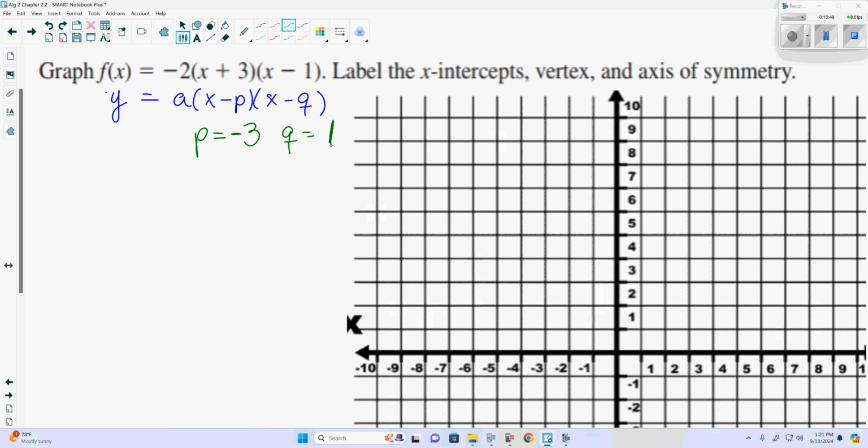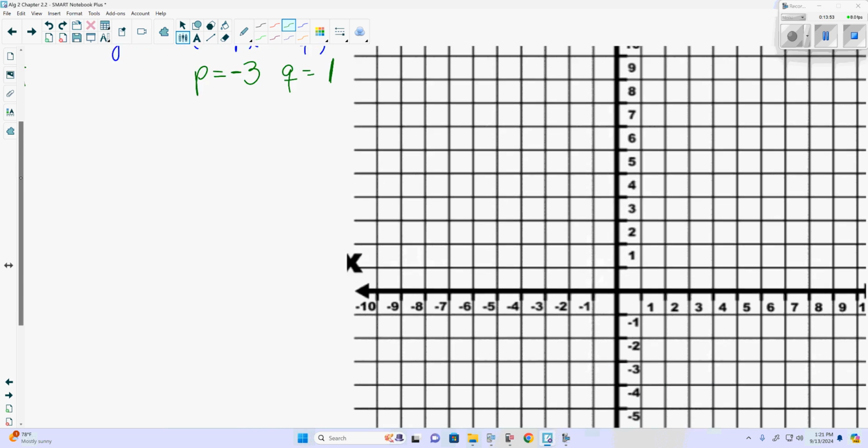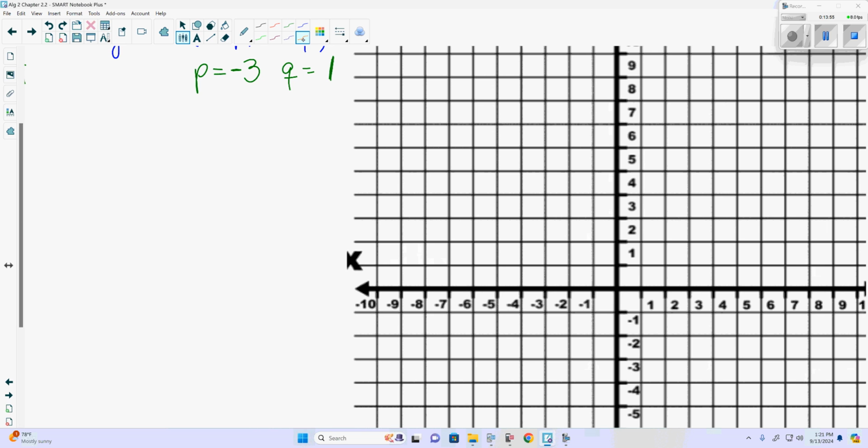Okay. Now I'm going to scoot down just a little bit here, because one of the things that we do need is the vertex. And we also have the axis of symmetry.